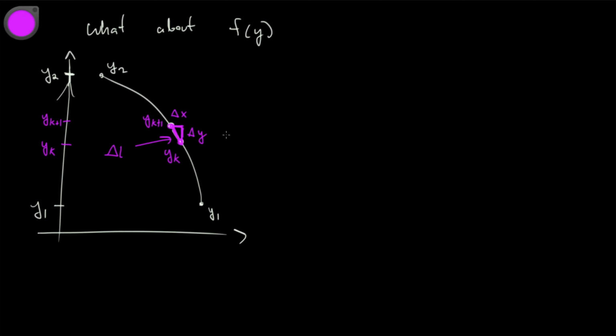The small length, delta L, is still the square root of delta x quantity squared plus delta y quantity squared. But now we want to take an integral with respect to y. So what do we need when we take the Riemann sum of this thing? We need a delta y.